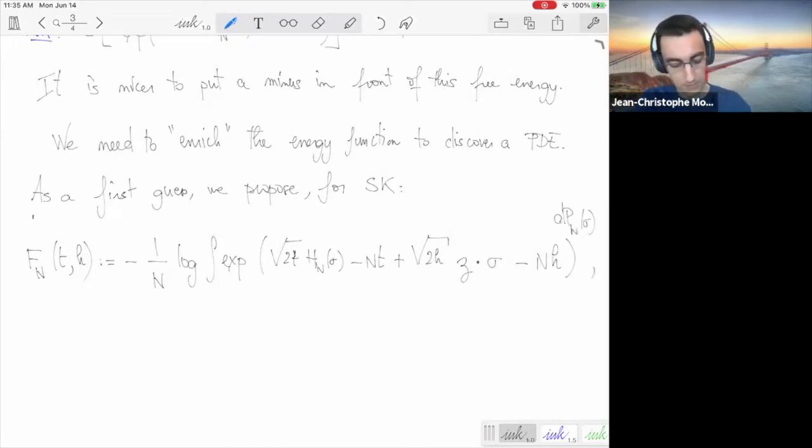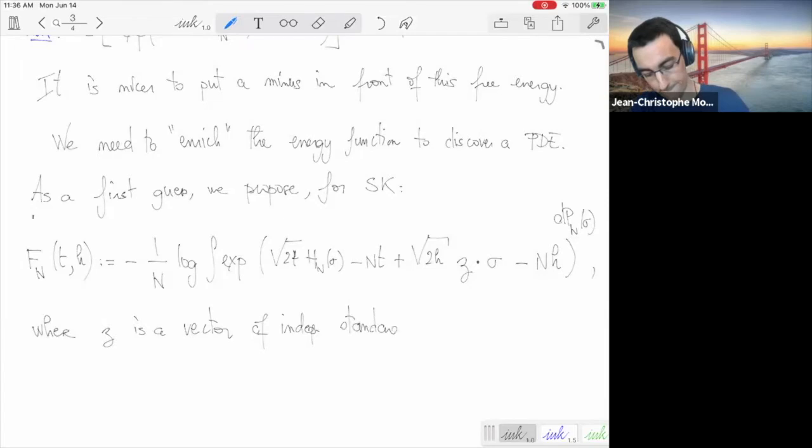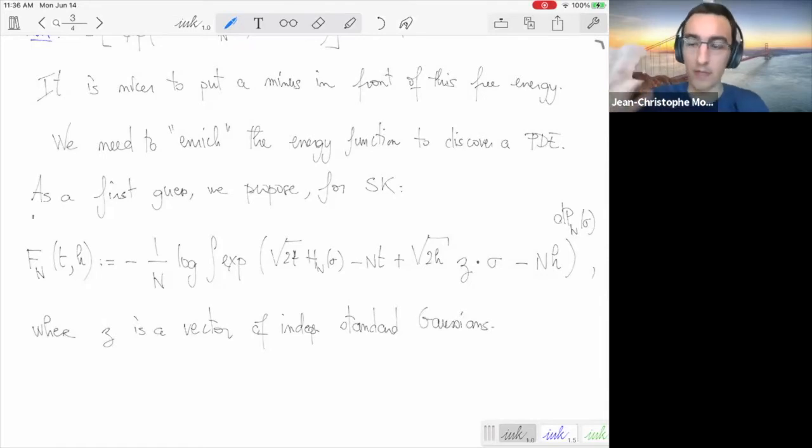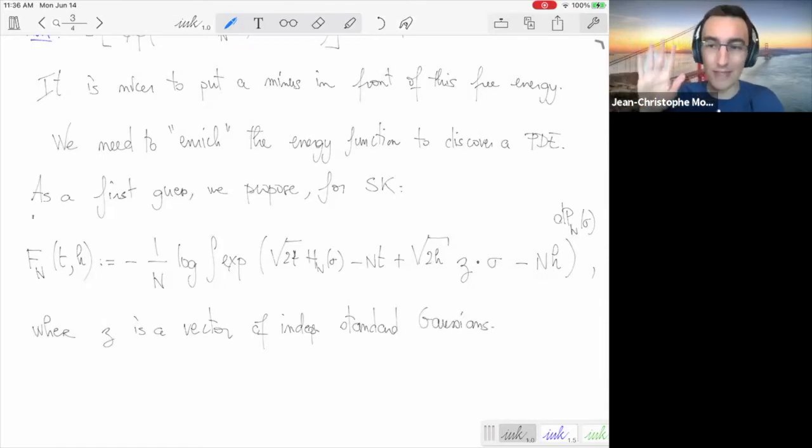Where z is an n-dimensional vector of independent standard Gaussians. And they are independent of the other source of randomness, so they are independent of the j's.